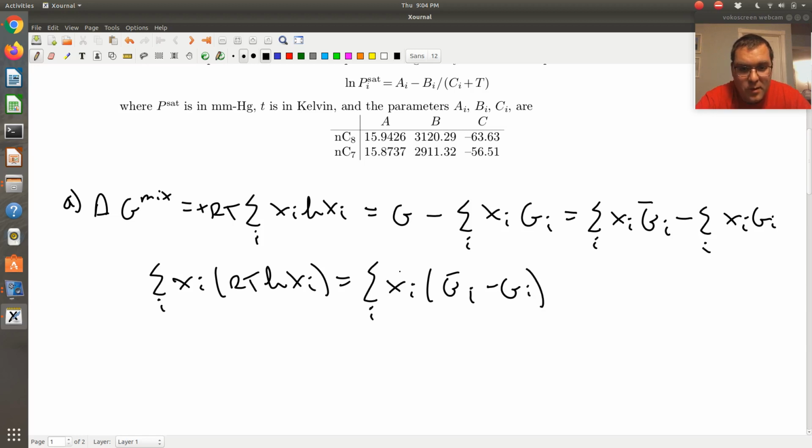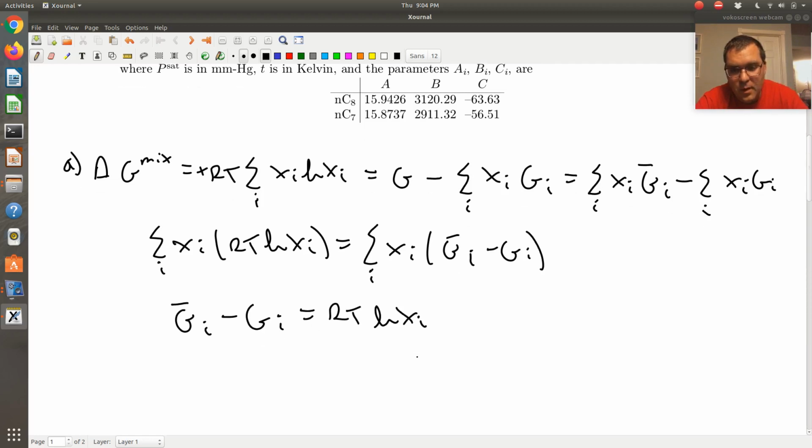These two expressions are equivalent, so the terms in parentheses must be equivalent for them to be consistent with each other. So it must be that g bar i minus gi is equal to RT log xi.